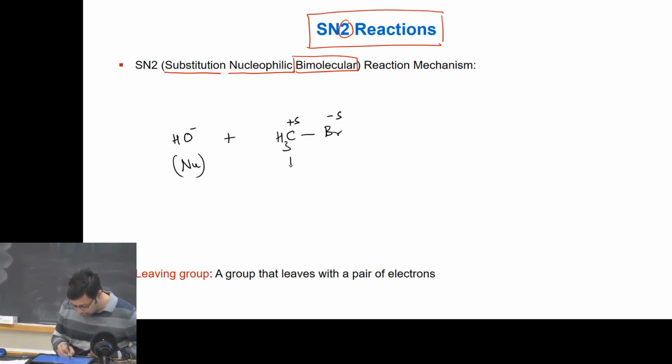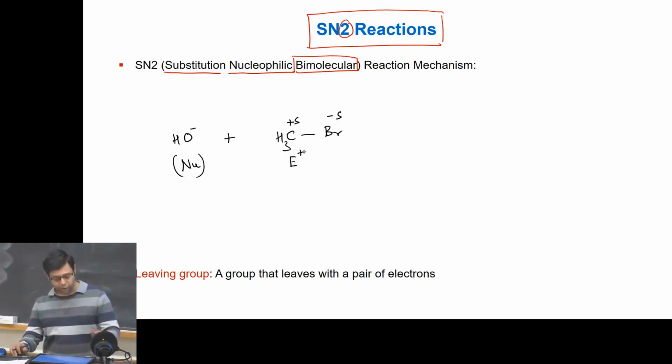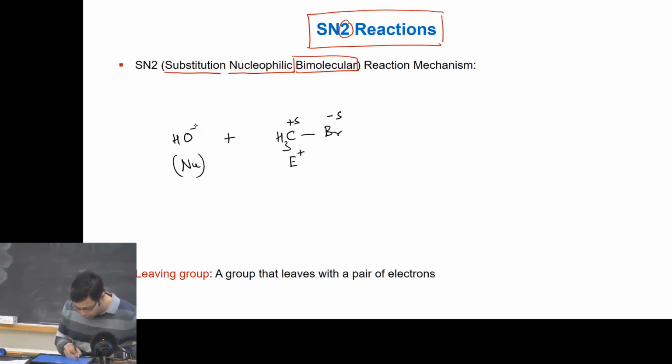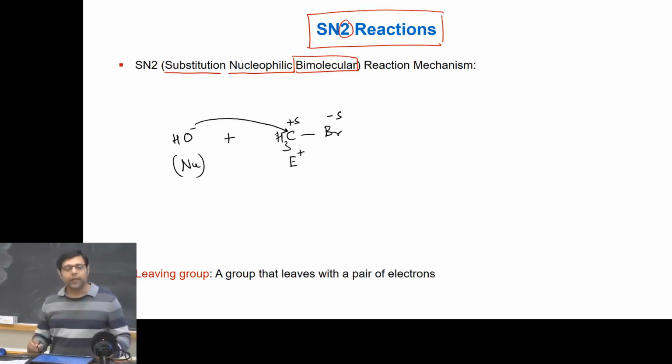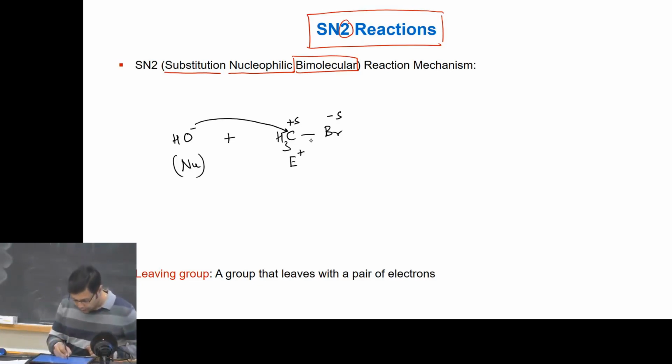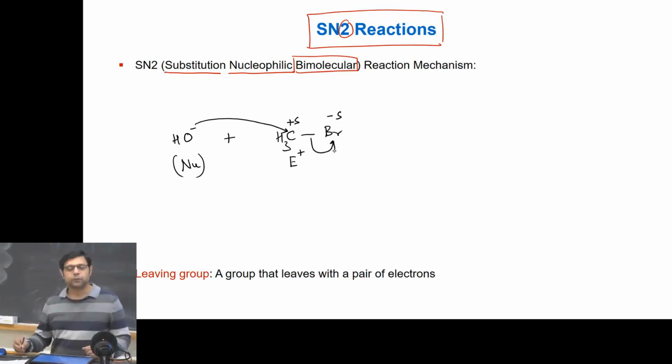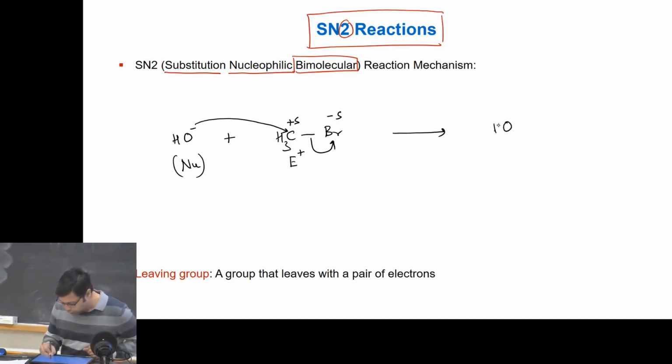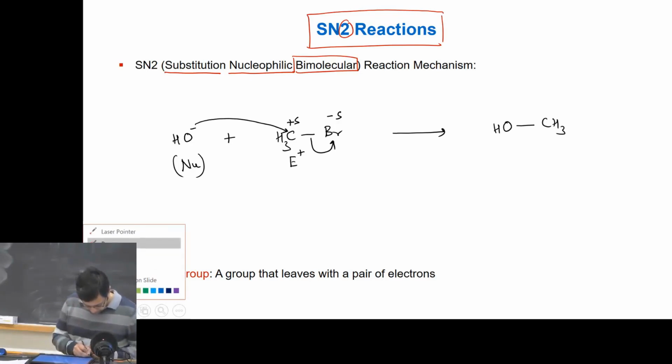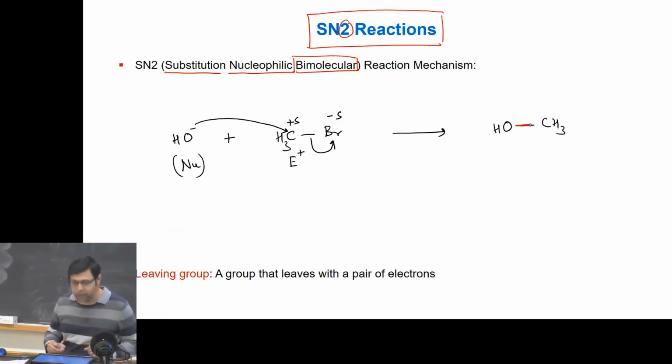So the carbon in the alkyl halide is the electrophile. Draw the arrow from the nucleophile to the electrophile. In that process, Br will leave. So as a result, you form a new bond between oxygen and the carbon. This is the new bond you have formed.